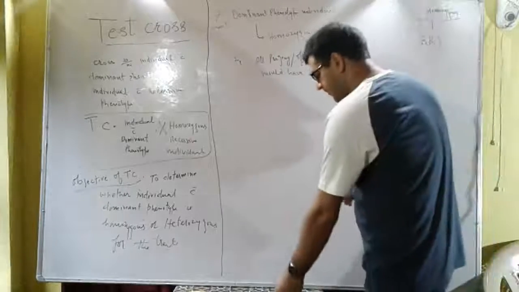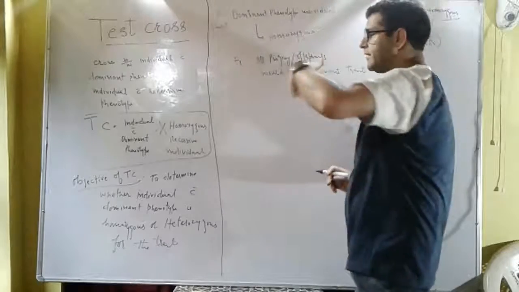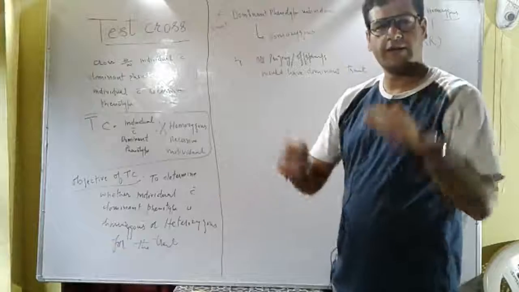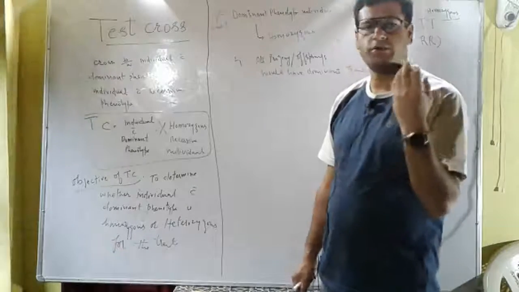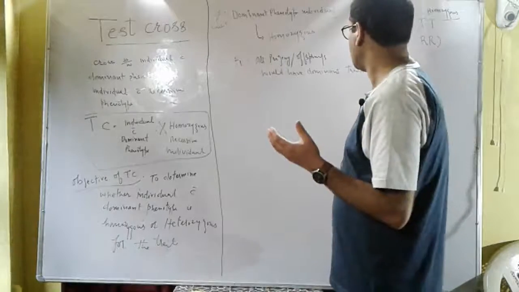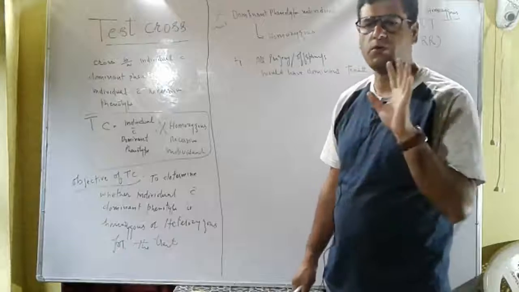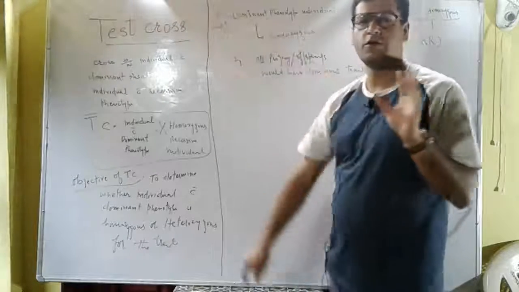If this dominant phenotype individual is homozygous and it is crossed with the homozygous recessive individual, then in the F1 generation all the progeny would have the dominant trait. There would be no recessive trait in the F1 generation.